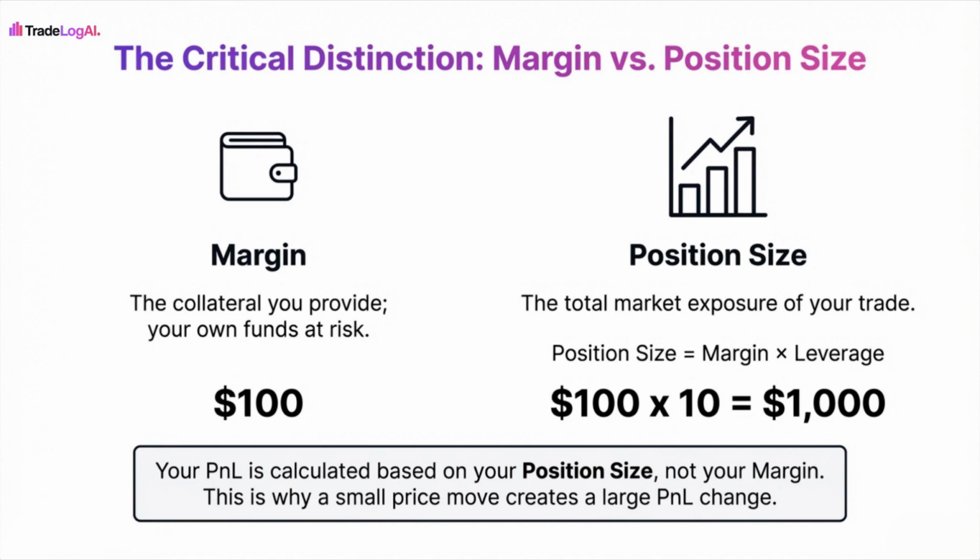So, if you use $100 margin with 10 times leverage, your position size becomes $1,000. Here's the important takeaway. Your PnL is calculated on the position size, not on your margin. That's why a small price move can create a much larger profit or loss than you'd expect from just looking at the $100 you put down.